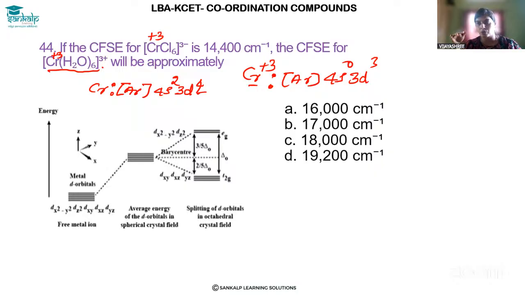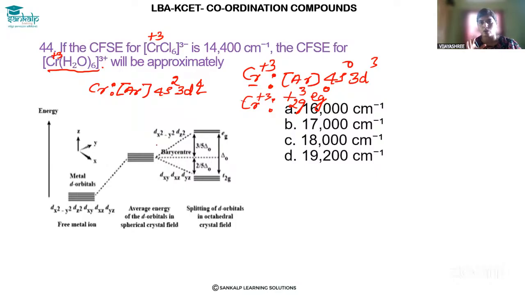So according to crystal field theory, how do we write the electronic configuration? Cr +3 will be t2g3 eg0. Why?